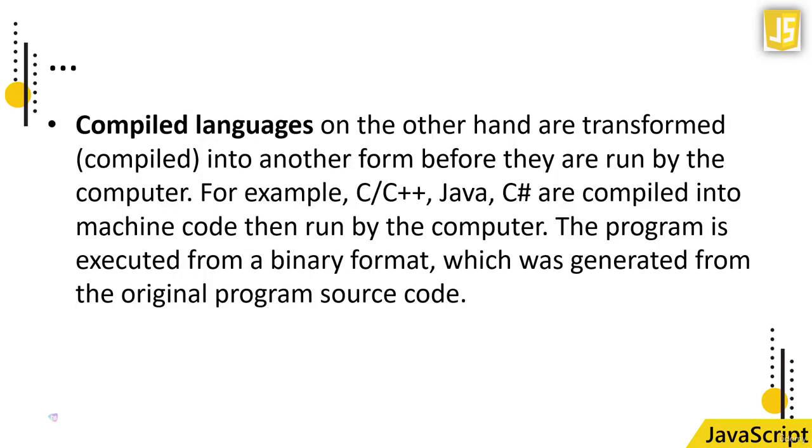Compiled languages are programming languages where the code is compiled from one language to another, then it runs and is converted into system readable language. Then we are able to see the output in the browser. For example, C, C++, Java, C#, and F# are compiled into machine code, then run by the computer.